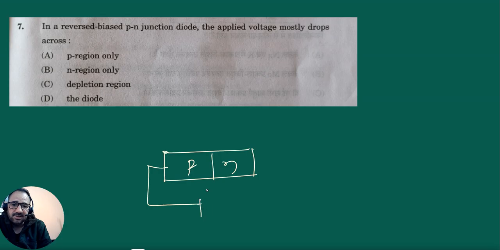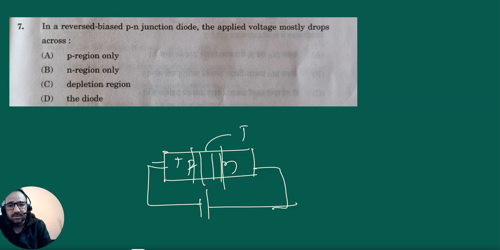In reverse bias, suppose this is a PN junction and you are reverse biasing: P side negative and N side positive. Then what will happen here? This is the depletion region. Here it is negative. On the P side the number of holes are there, then it is attracted. Then the width will increase, and the depletion region will increase.